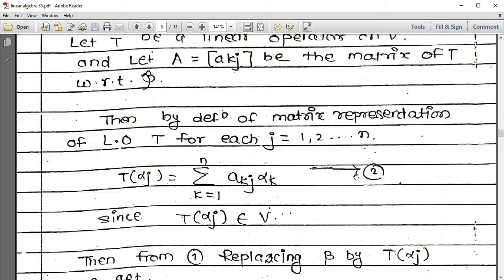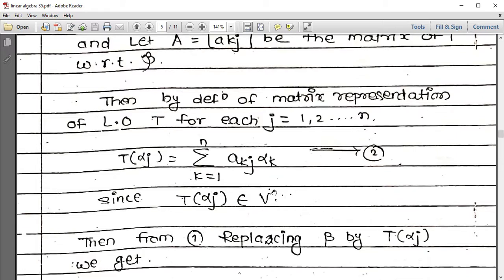Give it as equation number 2. We know how we can write the matrix representation of a linear operator: any T of alpha j is a linear combination of A kj into alpha k.